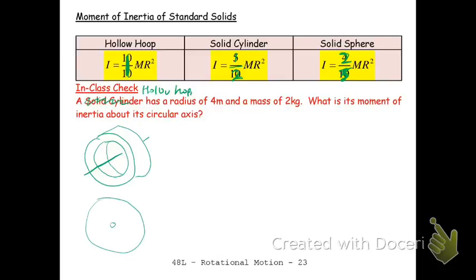And if we can live with that simplification, then what we find is that our I for the hollow hoop is just mr squared. So it would be the total mass, which is 2, times radius 4 squared, which is 16, so 32. And that would be kilograms meters squared.